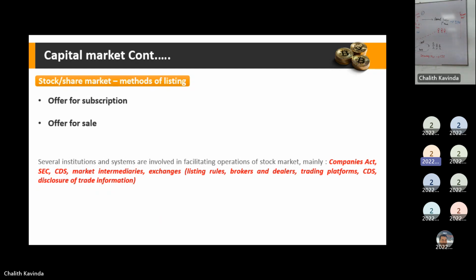Suppose someone is holding 100,000 shares and he wants to reduce his number of shares to 50,000. For the demanded price, he can sell it, right? So at market price, then he can sell his shares.